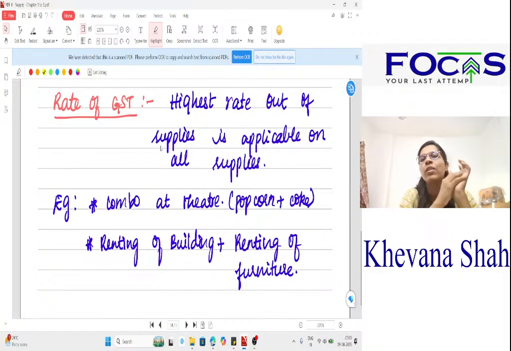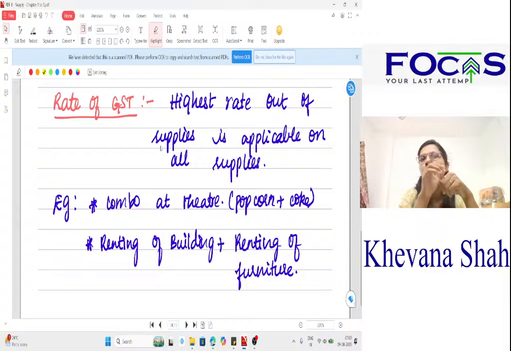Now here, for applying the rate of GST, I will check popcorn's rate of GST, and I will also check the rate of GST that is applicable on Coke. So for popcorn, let's assume the rate applicable is 10%, and for Coke, let's assume the rate applicable is 15%.